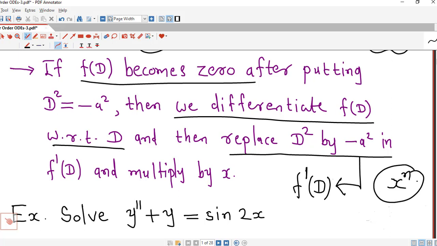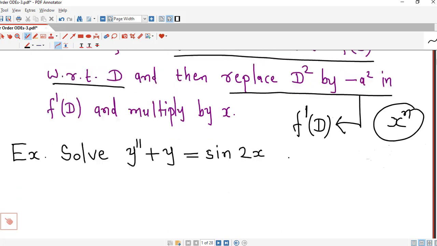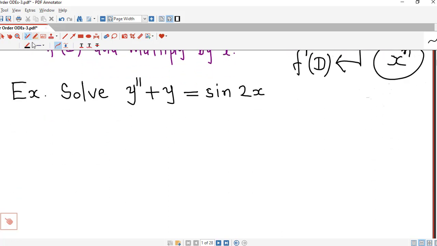If we differentiate the first time, we will multiply by x; if we differentiate the second time, we will multiply by x square, and so on. This method will be clear from the problems which we are going to discuss.